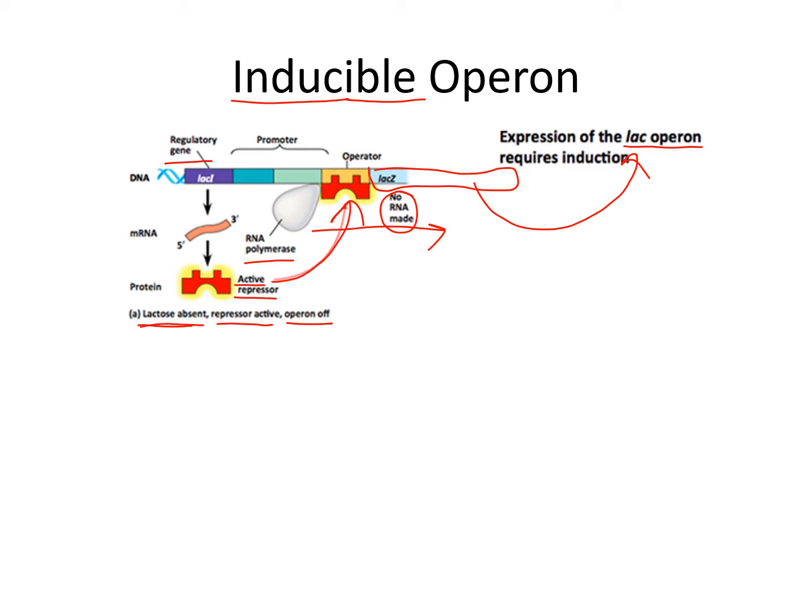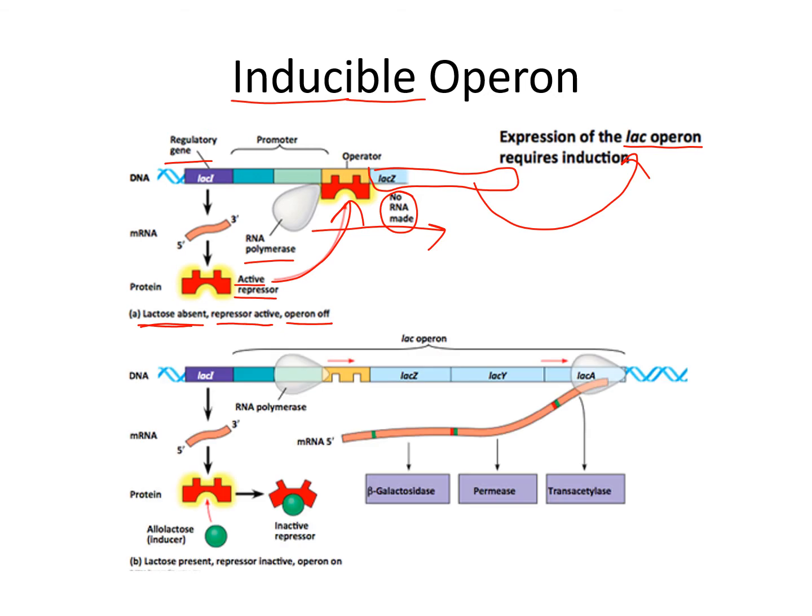But if the cell does run into lactose, the situation will change. So when lactose is present, the lactose will be converted into a similar form called allolactose, and this allolactose serves as an inducer. And an inducer is going to bind to the repressor and change the shape of the repressor, and that inactivates the repressor.